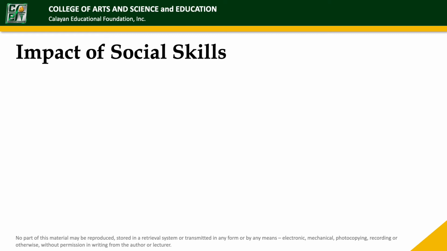Because if there will be no communication between two persons, there will be misunderstanding, and misunderstanding can lead to other things, and worse come worse, pwedeng mag-lead sa broken relationships. It may be boyfriend girlfriend or mag-asawa, or pwede din naman sa magkakaibigan. So kaya we need to practice, we need to possess these social skills.